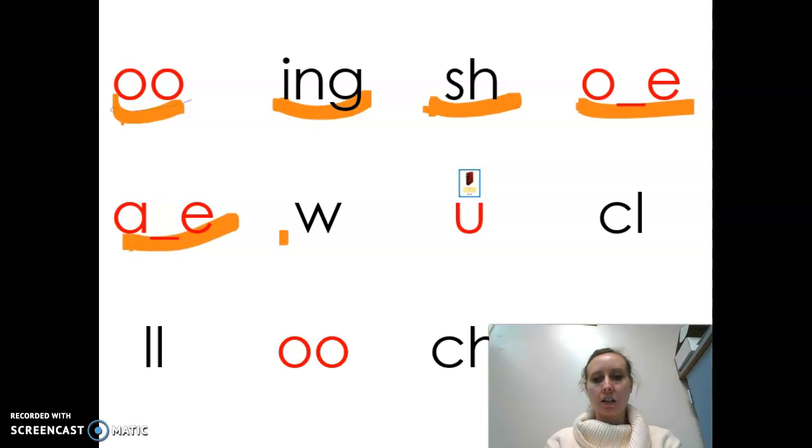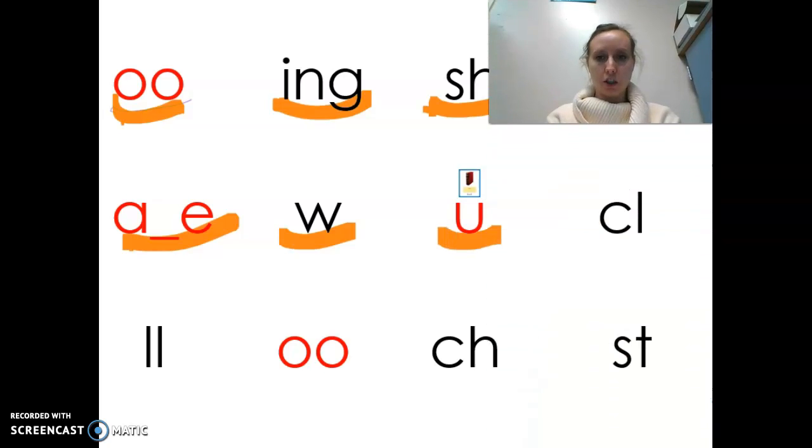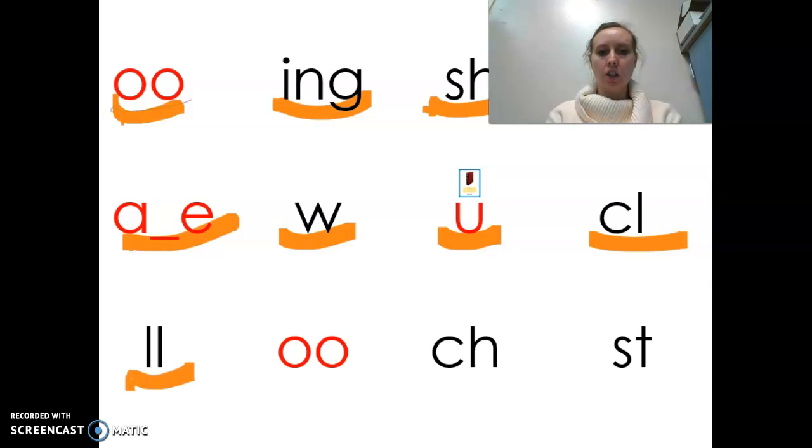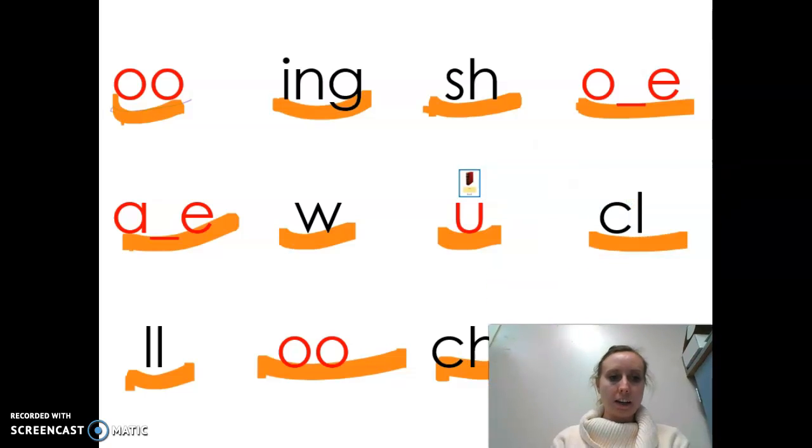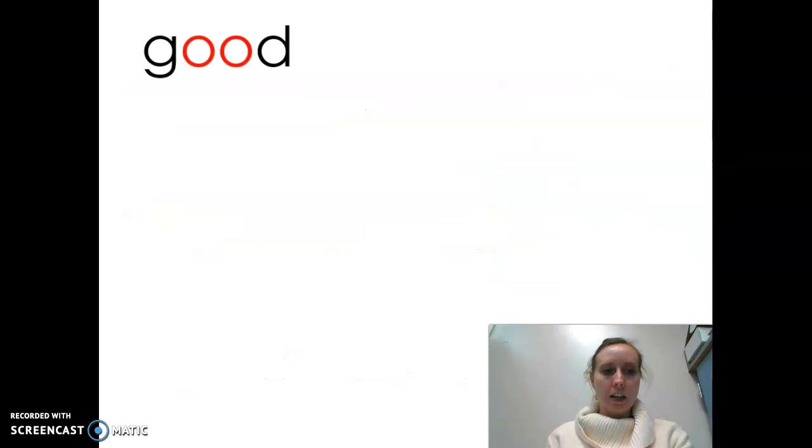For this week, it's even though it's umbrella as well. 3, 2, 1. Coal. 3, 2, 1. 3, 2, 1. Ch. 3, 2, 1. St. Okay, we'll do the top row together, and then I'll let you have a turn.